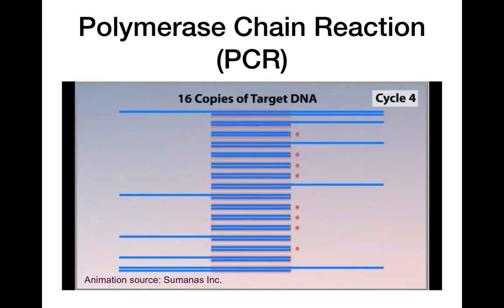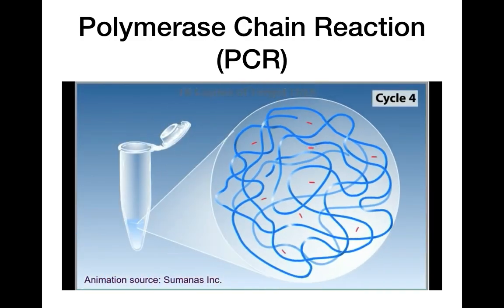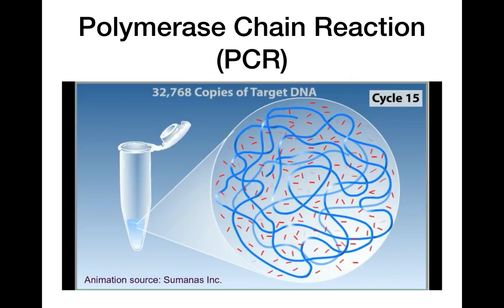After 4 cycles, half of the fragments consist of just target DNA and half also contain flanking DNA. With each additional cycle, the number of copies of our target sequence doubles. At the end of 25 cycles, there are more than 33 million copies of this double-stranded target region.